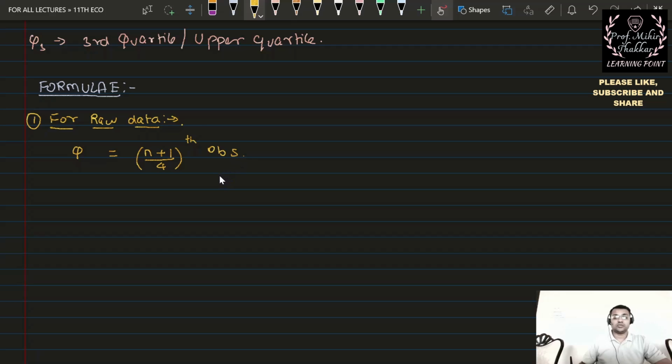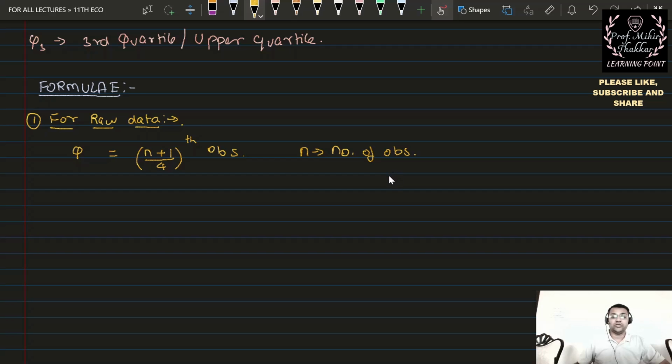It is similar to the previous formula that we had used for the median, where we had taken n plus 1 upon 2th observation, where n was the number of observations. So here also it is the same thing, it is number of observations.